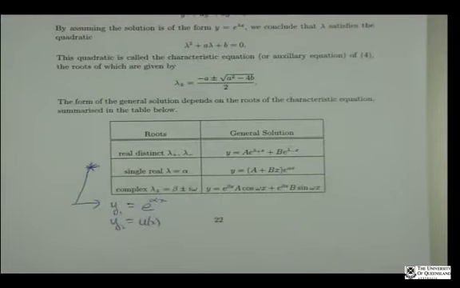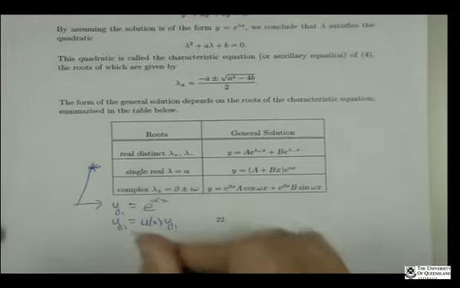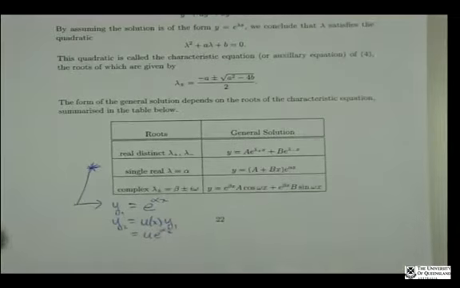It must have some non-trivial dependence on x, in the sense that it's not just a constant multiplied by that first solution. In this case, we know what the first solution looks like. y1 is just e to the alpha x.